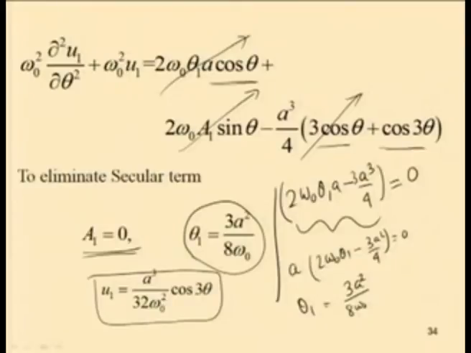So, we obtain u 1 equal to a cube by 32 omega 0 square cos 3 theta and a 1 equal to 0.